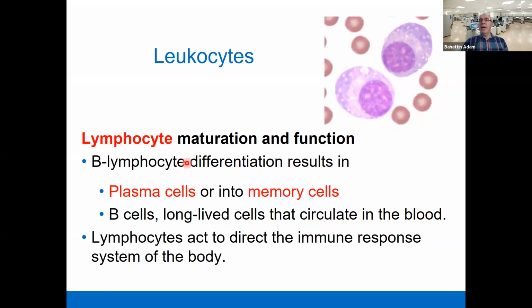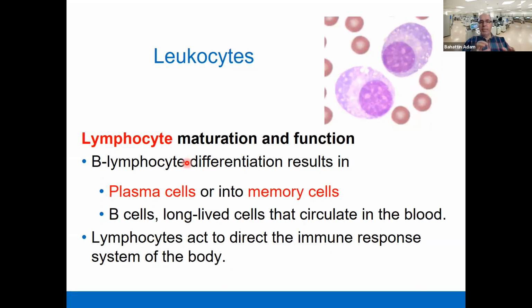When the same microorganism enters the body a second time, these memory cells will identify them, and then they will produce antibodies in a short time. Therefore, lymphocytes act to direct the immune response system of the body.